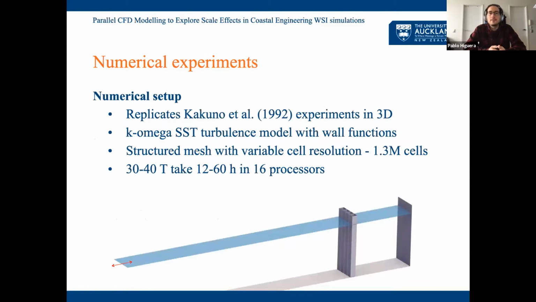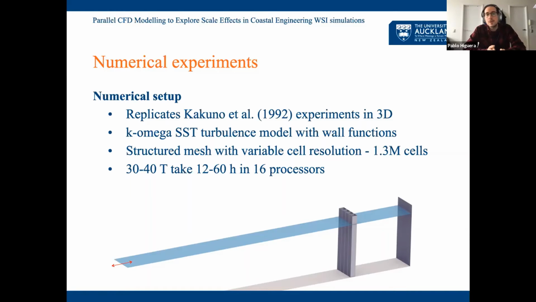So we started by replicating the experiments exactly with the same setup, exactly with the same scale. And we also decided to test the same experiments, but in larger scales. For doing that, we use the K omega SST turbulence model, which is proven to be accurate for simulations dealing with waves.